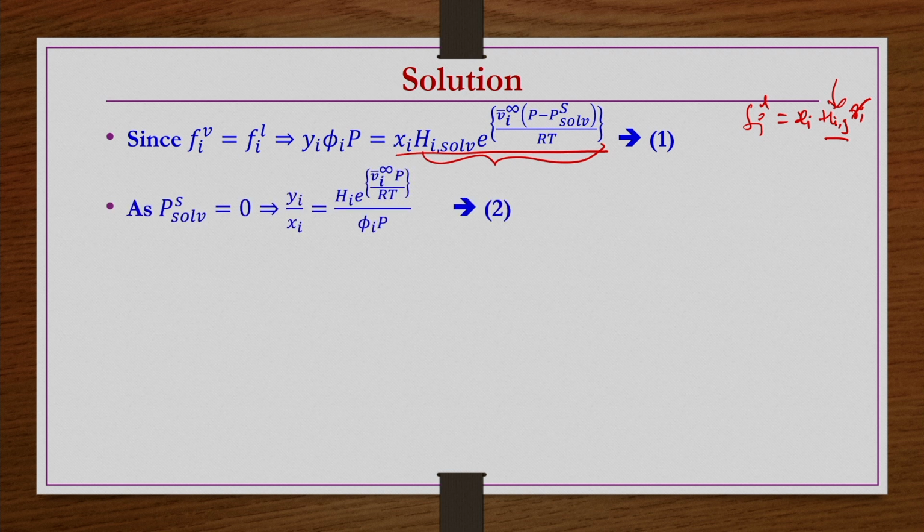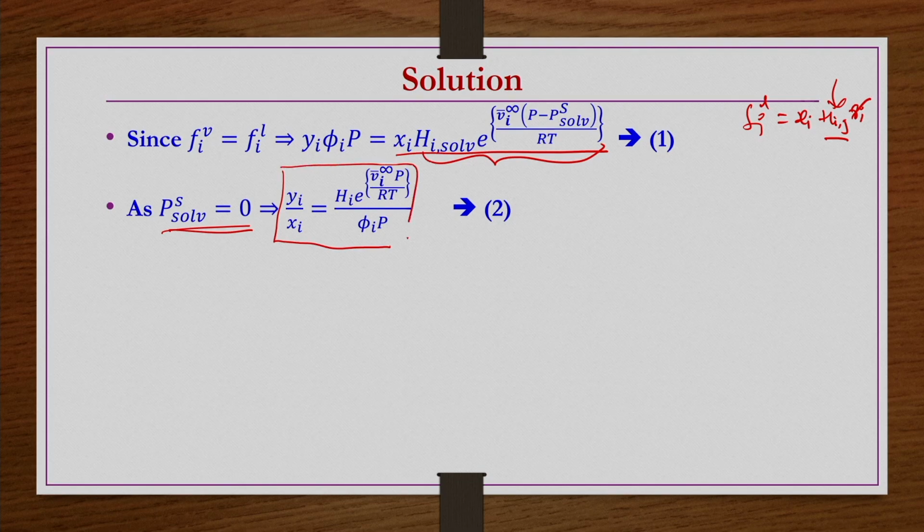Now, P solvent is in general very small. If you take P solvent as 0, it is not given, but even if it is given, compared to P, that is, we are operating at high pressure, the saturation pressure of pure solvent is in general very small. So, P solvent can be neglected.